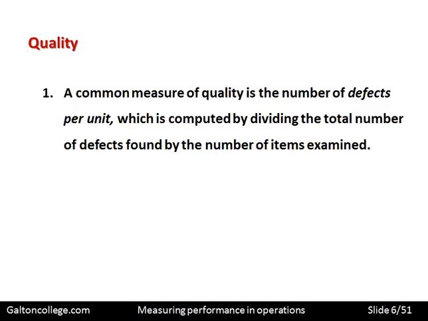It depends on how samples are drawn and how many items are inspected. But we have to get some sort of measure of quality, and sometimes, depending on the nature of the product, we can identify a product as good or bad in very clear terms. It either passes a set of tests or it fails a set of tests.